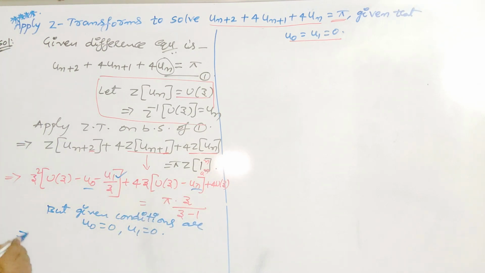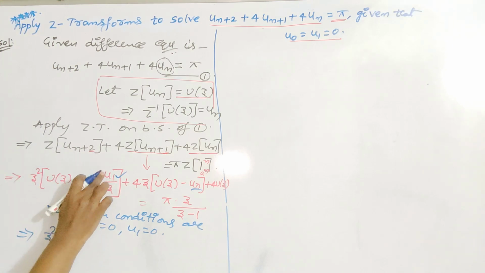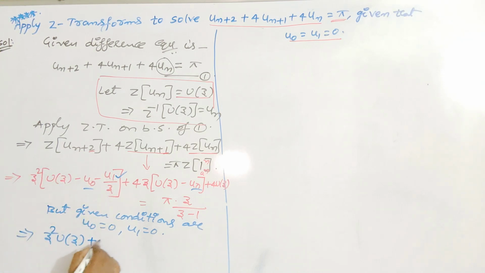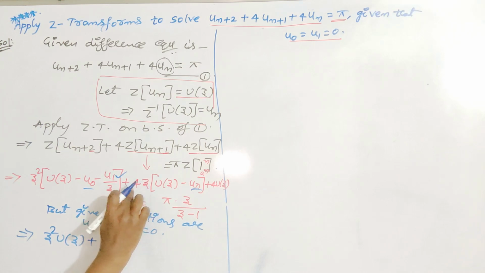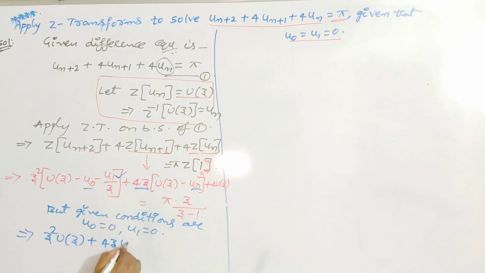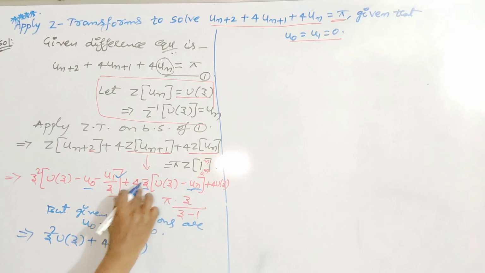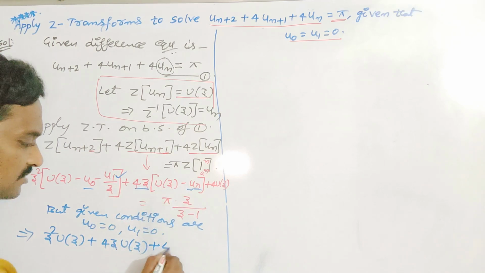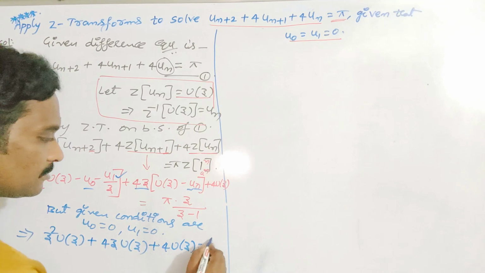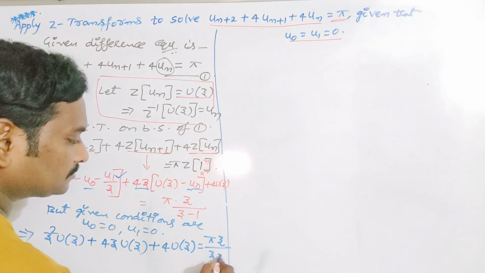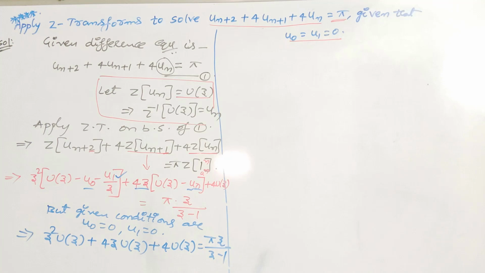Directly I am taking this z squared inside, multiplying it with each and every term inside the bracket: z squared into u bar, this is 0, z squared into 0, 0. u1 is also 0, so z squared into 0, 0. This part is over. Plus 4 into, take 4z inside again: 4z into u bar, this is 0, 4z into 0, 0. And the last term is 4 into u bar, equal to π z by z minus 1.